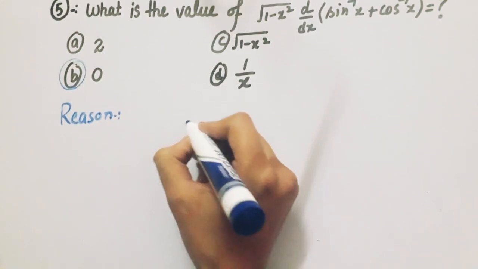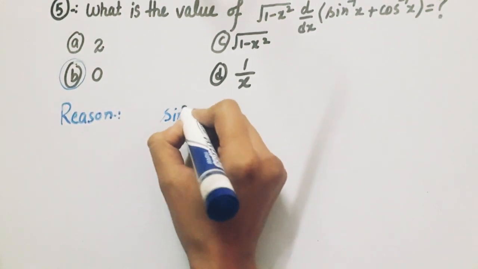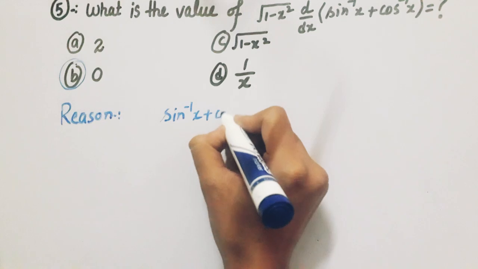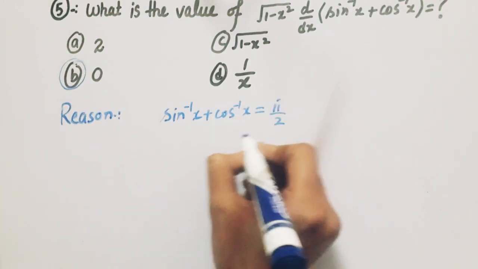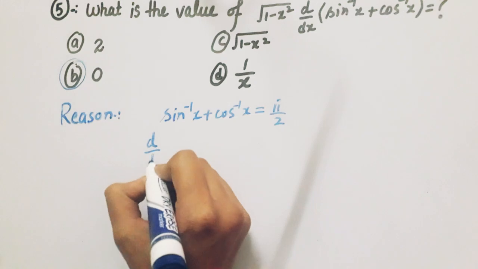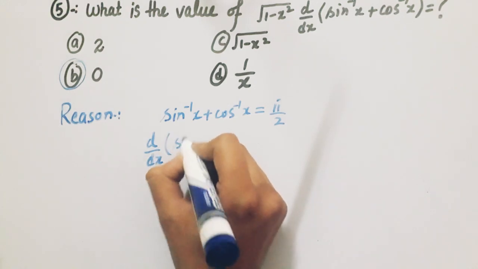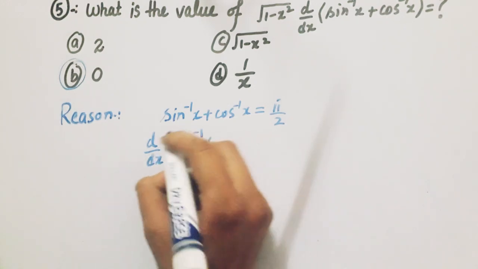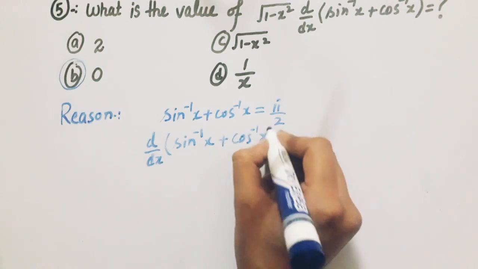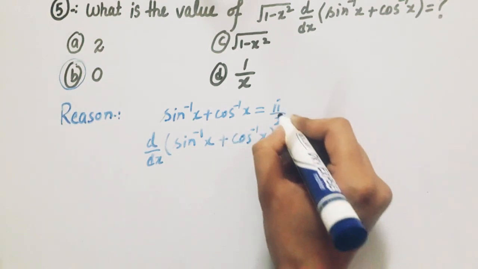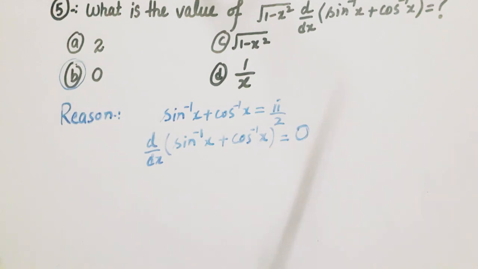We know that sine inverse of x plus cos inverse of x is equal to pi by 2. So when you take the derivative of this with respect to x, d by dx of sine inverse of x plus cos inverse of x, this derivative is equal to 0.